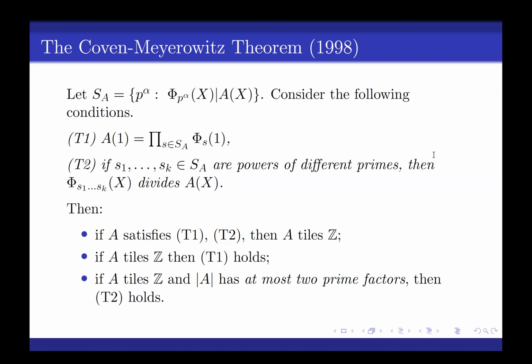You take any collection of powers of distinct primes from the set S sub A, and you require that the mixed cyclotomic corresponding to the product of these prime powers also divides the polynomial A. Now this condition is much deeper and much more difficult to prove or to verify.